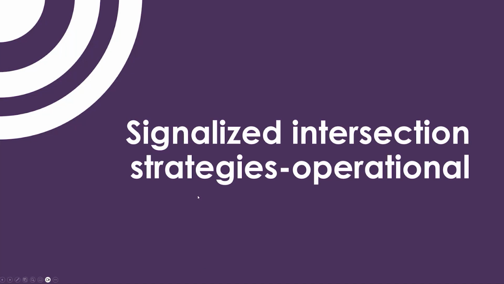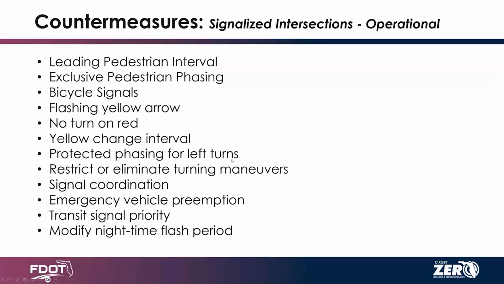It can be a little complicated or overwhelming if you're not a signal expert. This is just a long list of the countermeasures. We're going to be talking about leading pedestrian intervals, or LPI, exclusive pedestrian phasing, bicycle signals, and some other protected phasing and coordination that we can do at our signal systems to improve safety.